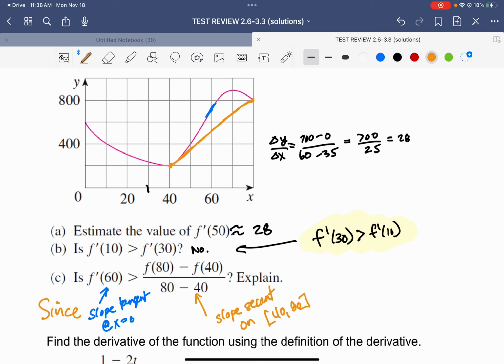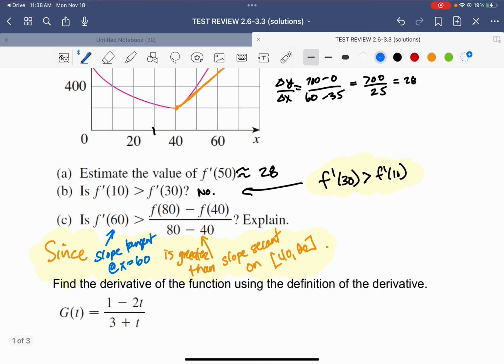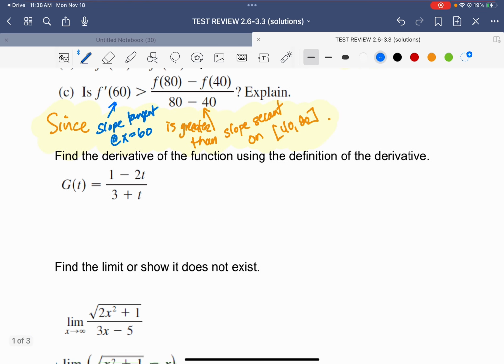Since the slope of the tangent line at 60 is greater than the slope of the secant line from 40 to 80, that's why f prime at 60 is greater than that quotient. All right.